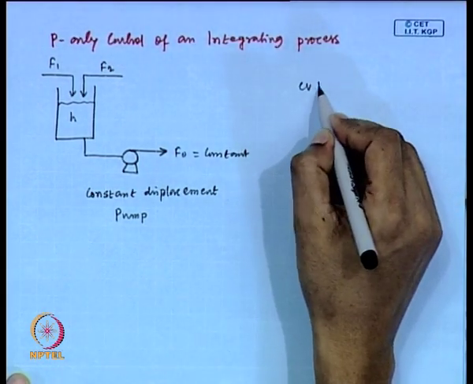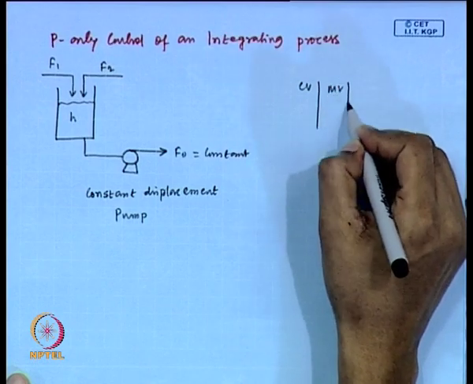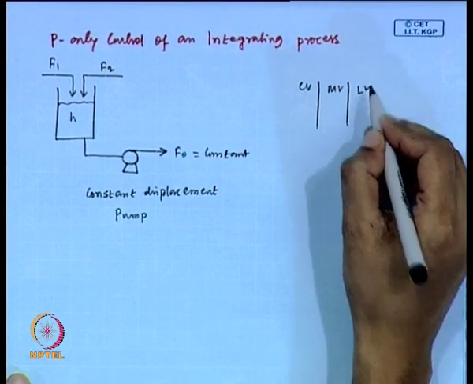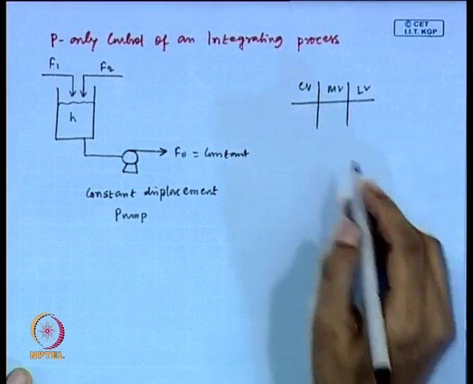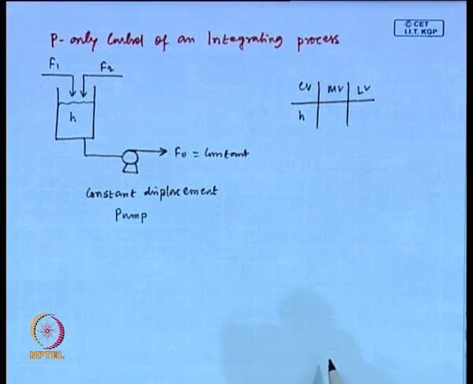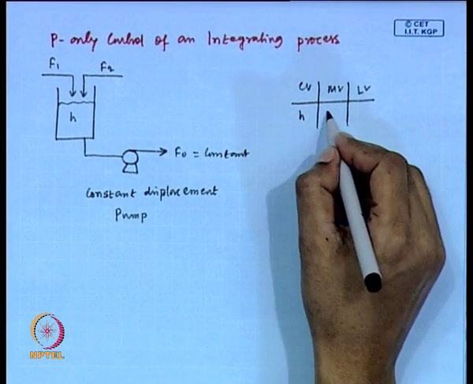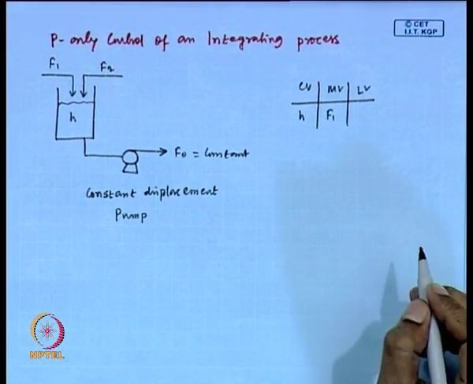Now, in this particular example, we can say that the control variable is liquid height. Suppose the manipulated variable is F1.